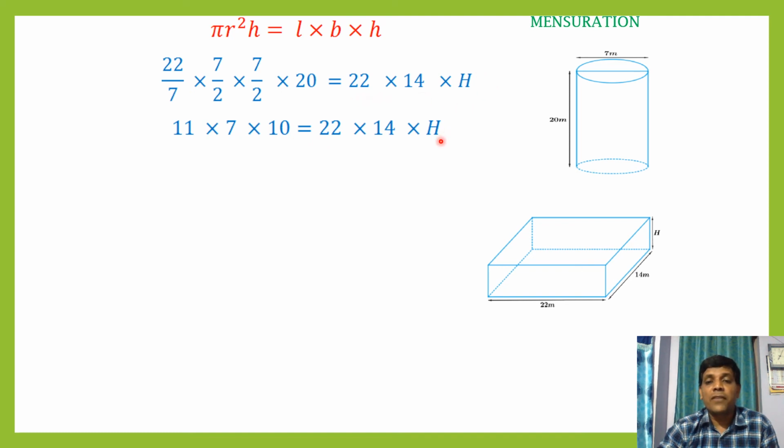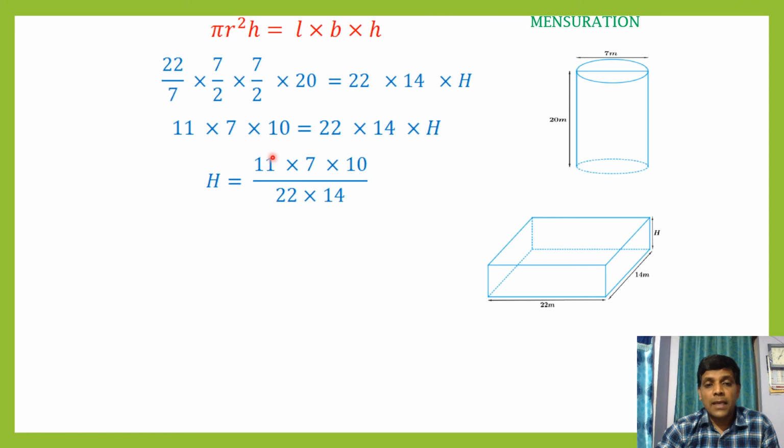How to find the value of h? H is on the RHS, so transfer 22 and 14 from the RHS to the LHS. We get h equals 11 into 7 into 10 whole by 22 into 14.